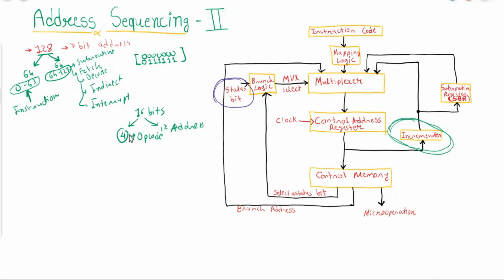So simple logic of mapping, how it can be done. Let's assume that this is the instruction, which is having opcode 0011, and then this is 12 bit address.